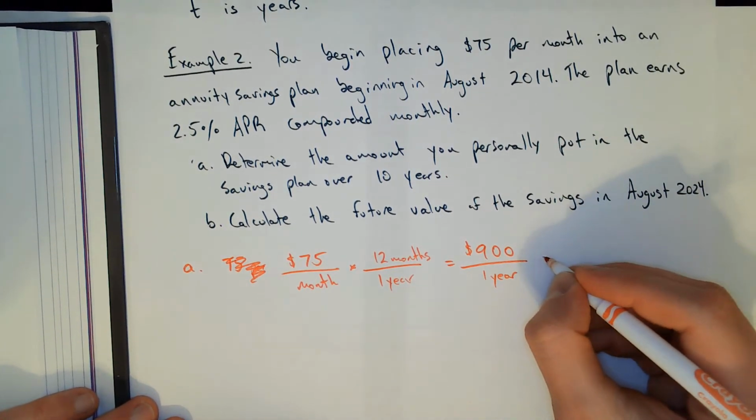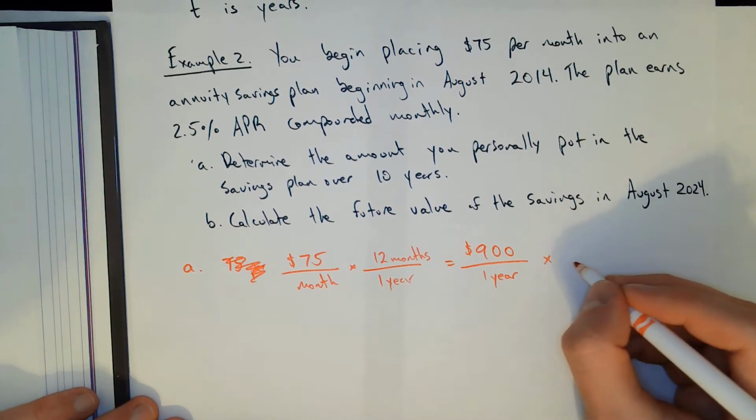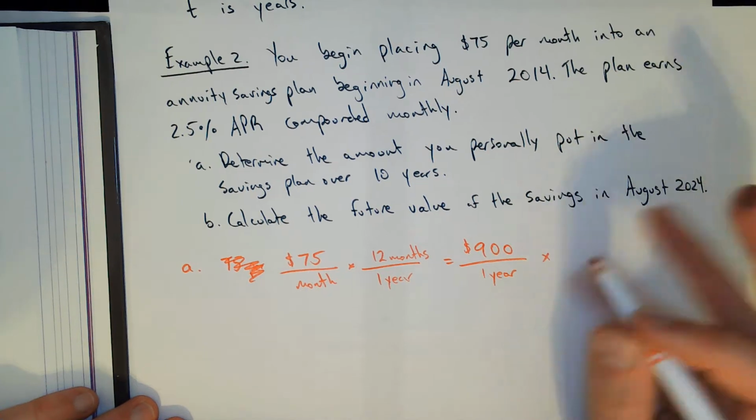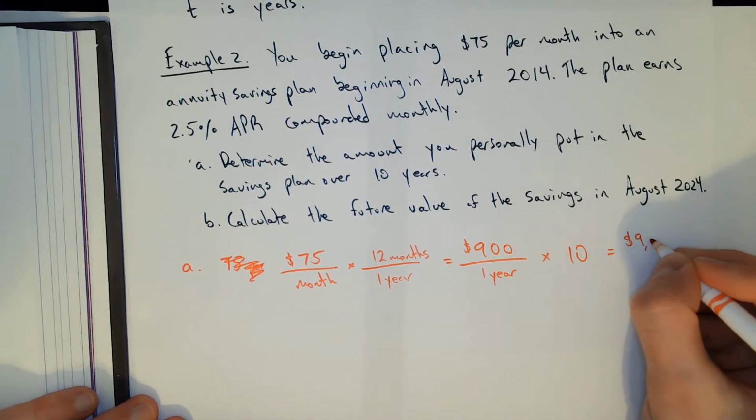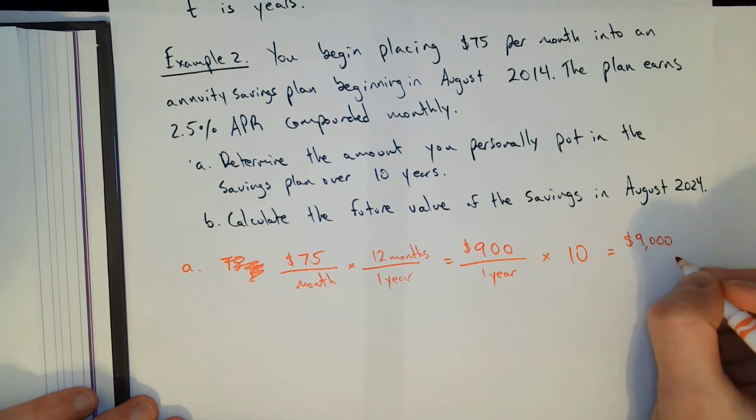And then I want this to be for 10 years, so I'll multiply by 10, right, to get $9,000 for 10 years.